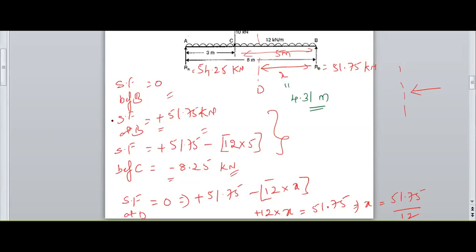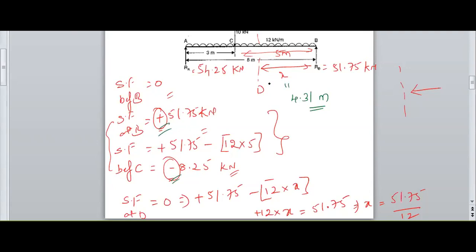So it is positive and then negative; the sign change occurs in between B and C only.